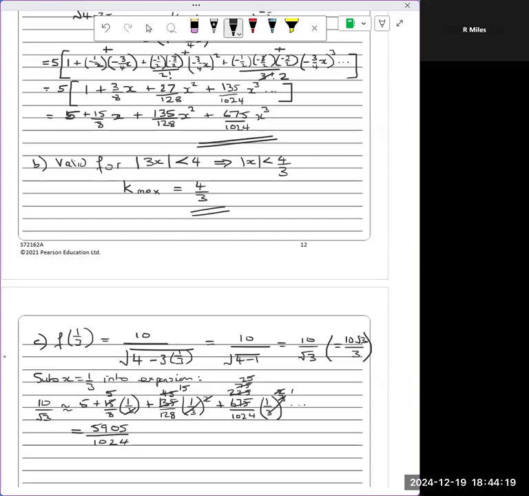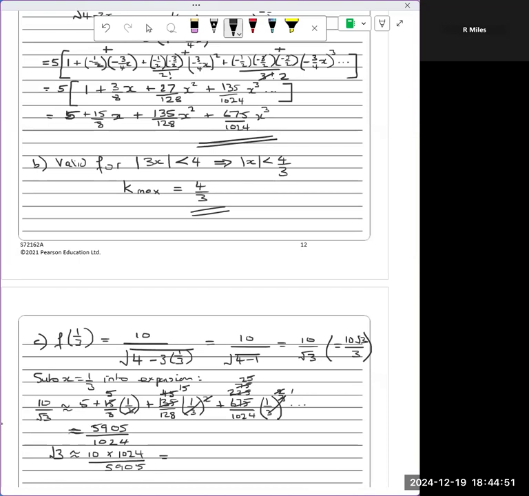So from there, all I need to do is rearrange this. So root 3 comes upstairs and everything else goes over to the other side. So root 3 is approximately 10 times 1024 over 5905.